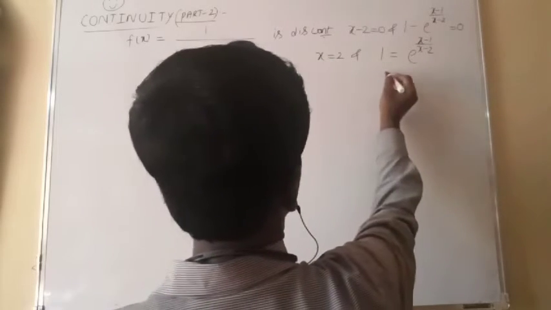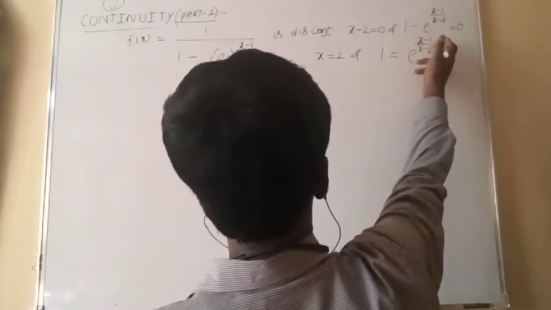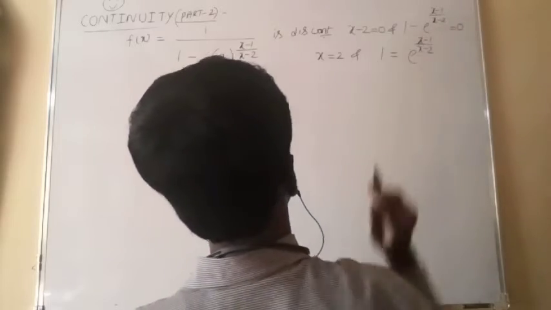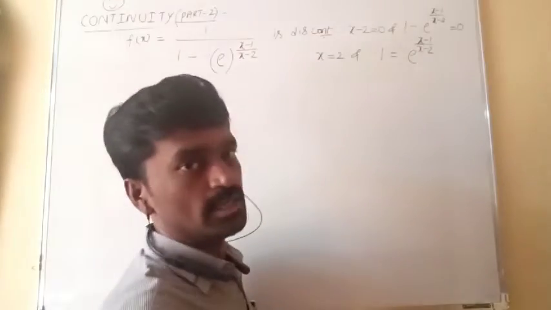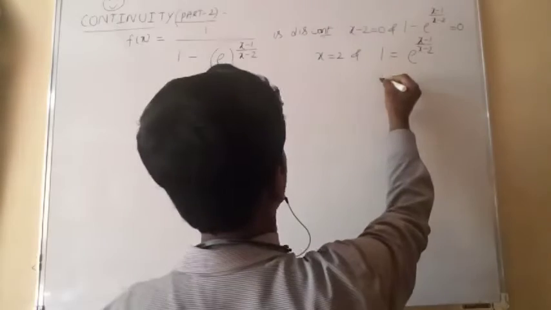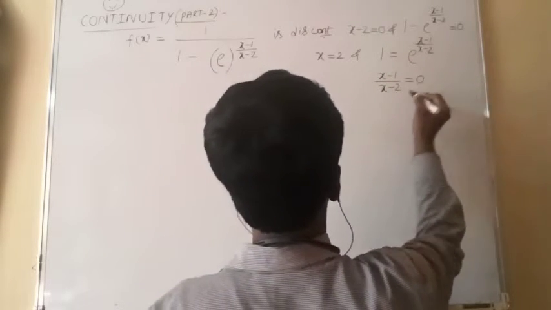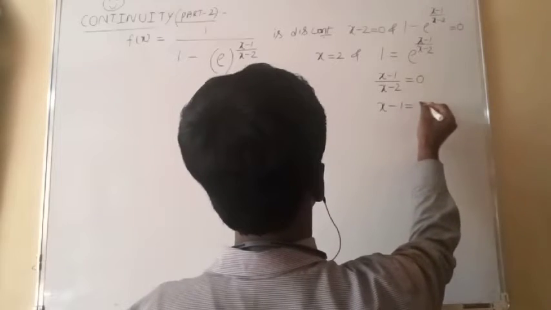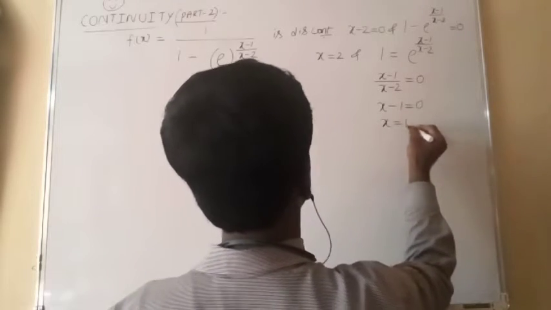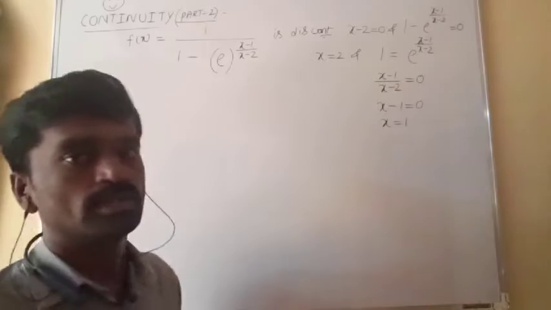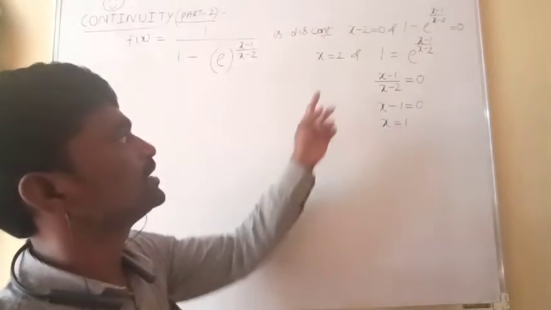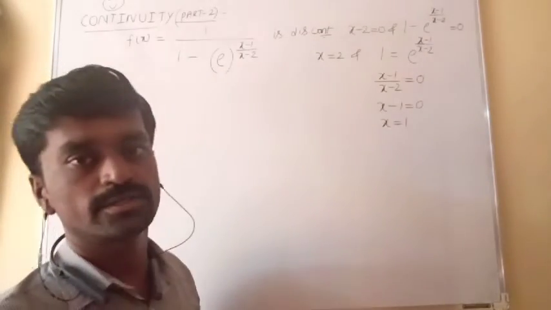So e power this x minus 1 by x minus 2 is 1, means 1 can be written as e power 0. That means x minus 1 by x minus 2 must be equal to 0. So that implies x minus 1 is 0, so x is equal to 1. Thus this function is discontinuous at x is equal to 2 as well as at x is equal to 1.